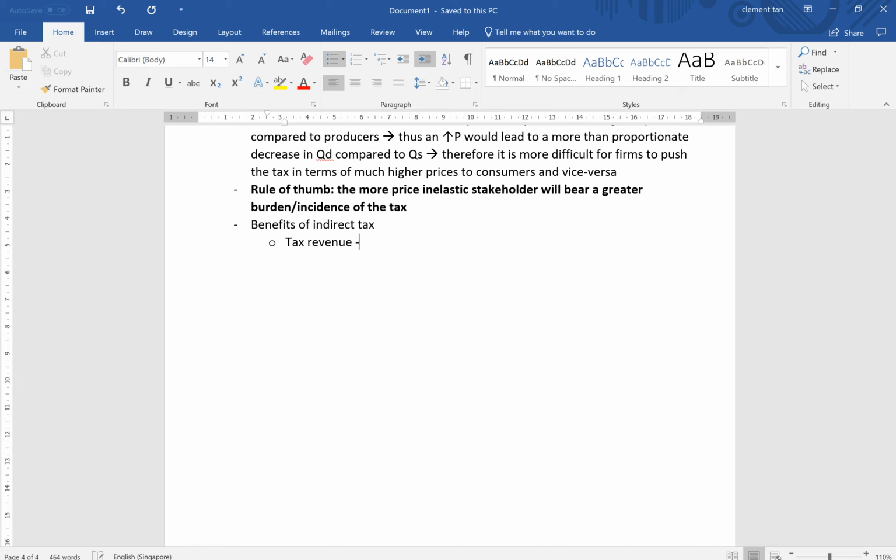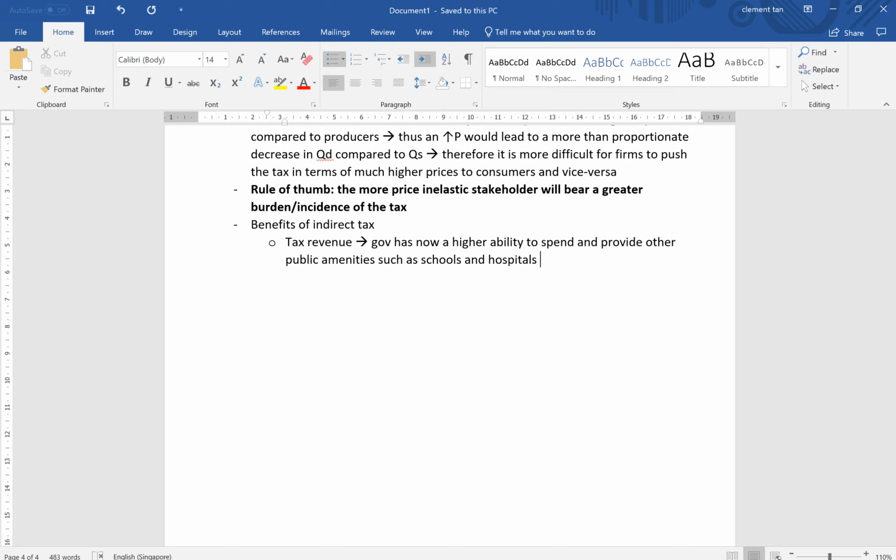Government now has a higher ability to spend and provide other goods, such as schools and hospitals. For this chapter, that is the main benefit.